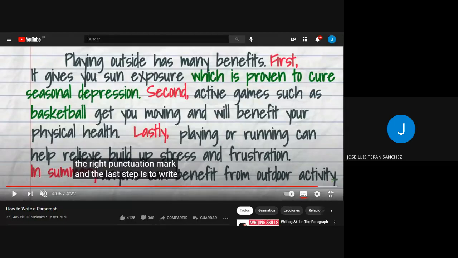Next step is the following. Something in my experience as a teacher: whenever students are writing paragraphs, they have a problem that is very, very recurrent. Everybody has that problem. I used to have it. I have it sometimes, but it's difficult to stop doing that. Now we're going to speak about it.